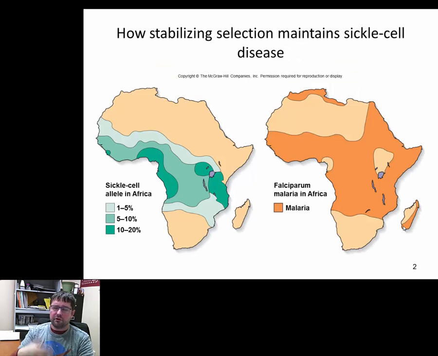All right, so we already talked about sickle cell anemia and the fact that humans that have sickle cell normally occur in regions that have a high incidence of malaria, and that's because individuals that have sickle cell, or at least some of their cells are sickle shaped, will resist malaria.